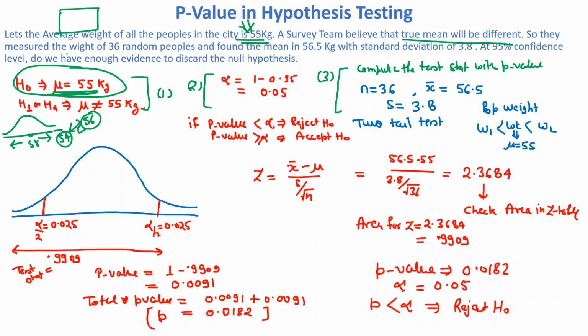The survey team measured the weight of 36 random people. It means this is your population, and the survey team randomly picks 36 people from the whole population. So what is the 36? It is your sample, so your n is 36, the sample size.